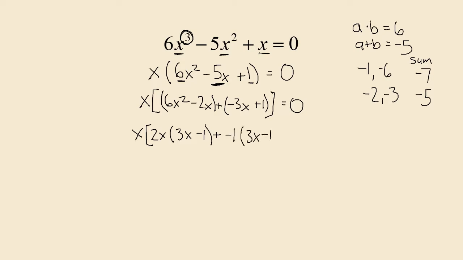That gives me the other 3x minus 1 that I need. And now I am going to take out that 3x minus 1. And that will leave me with 2x minus 1 in the other parentheses.